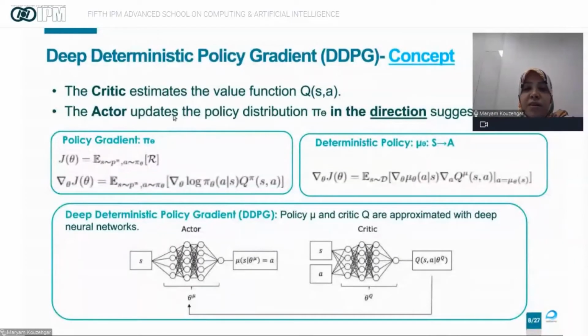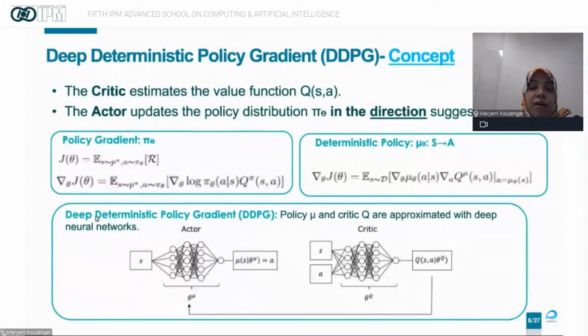The critic estimates the value function, and the actor updates the policy distribution in the direction suggested by the gradient. As for the deterministic policy, we have a policy that directly suggests an action out of a state, which is different from the probabilistic policy, which proposes a probability distribution over the actions to choose from.